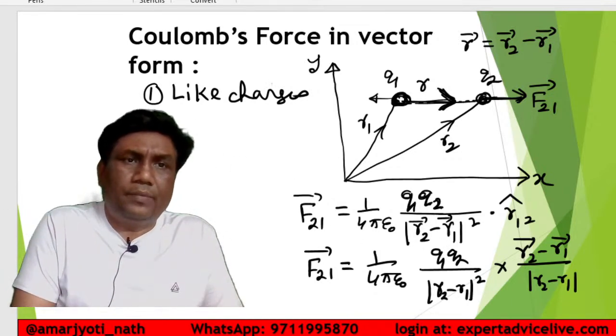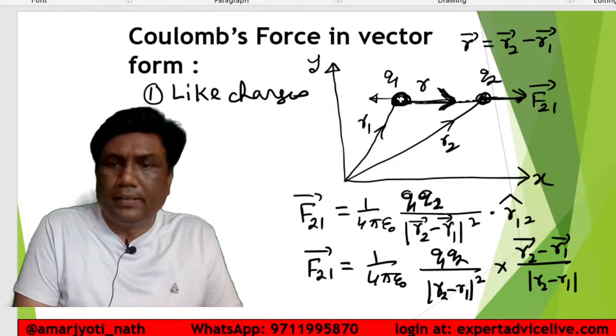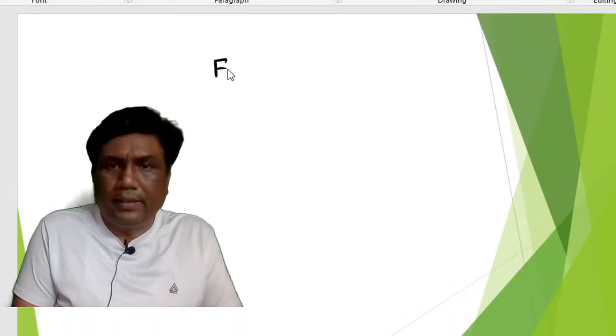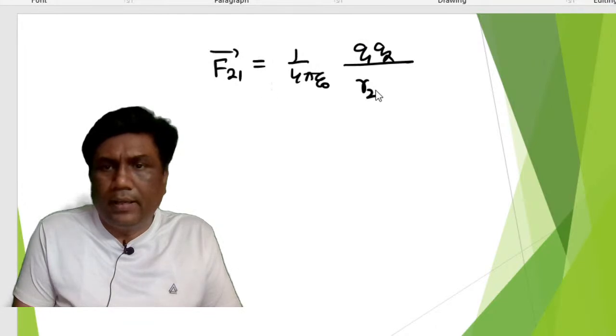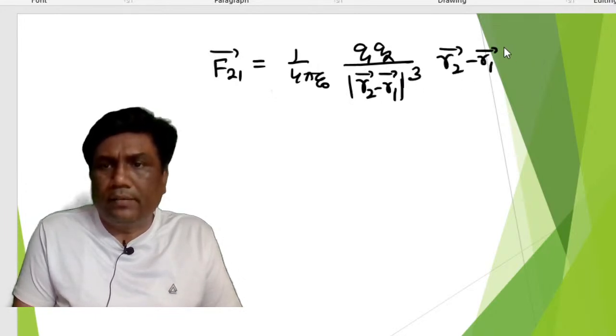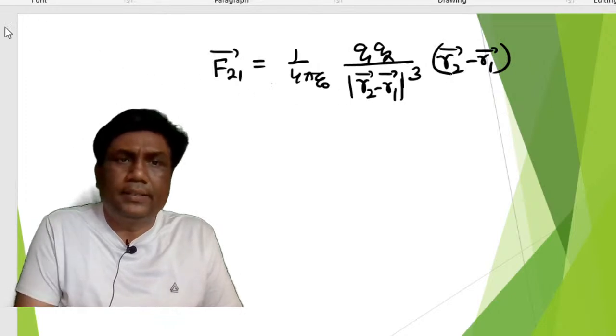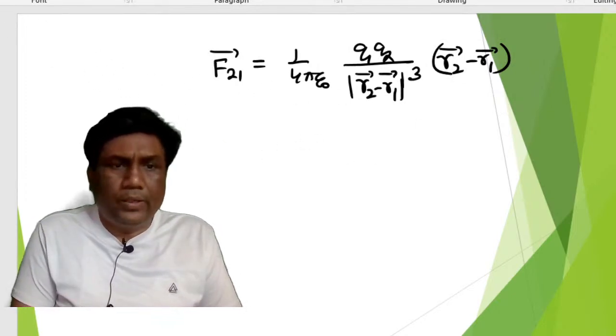So if you rearrange it, you can write F21 is equal to 1 by 4 pi epsilon naught Q1 Q2 by |R2 minus R1| whole cube, times the vector R2 minus R1. Remember why the whole cube?